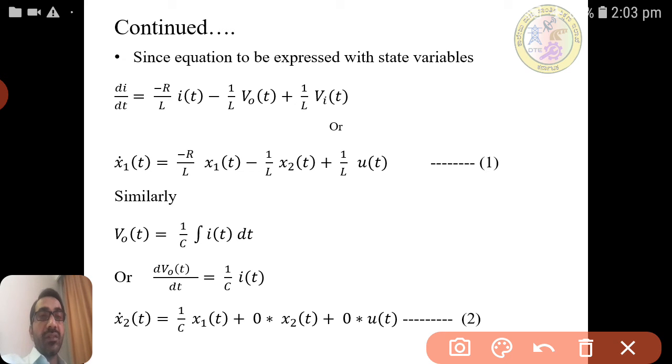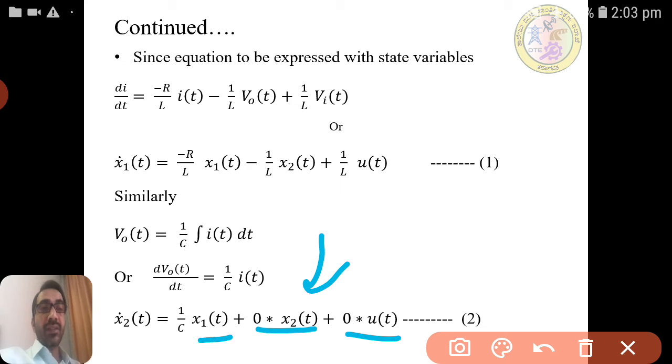Okay, so if you consider the standard form, x2 dot of t is equal to 1 by c x1 of t, that is I of t. As there is only one state variable, no x2 term is there, so 0 into x2, and even u of t is not there, so 0 into u of t. So this will be considered as the second equation.